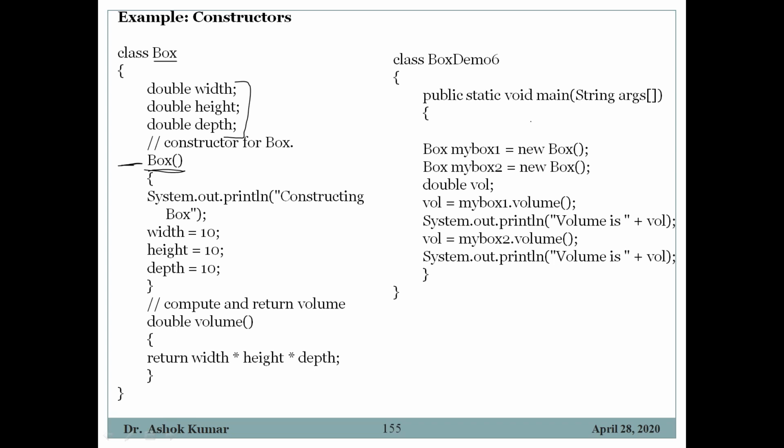The rest, the second class, is shown on the right hand side. In this class we are creating one object, new Box, and when this object is created with the new keyword, the constructor will be called.